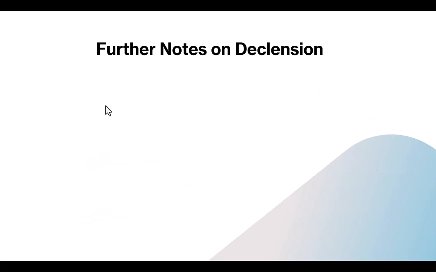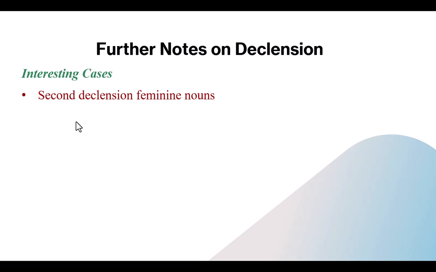A few further notes on declension. So there's some interesting cases. For example, we do have some second declension feminine nouns. So nouns in the class of hodos, which is way, you'll see the genitive ends in omicron upsilon, and the nominative form ends in omicron sigma, but notice that the definite article tells us this is a feminine noun.